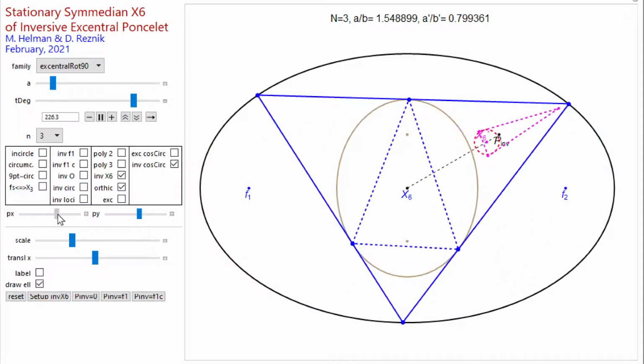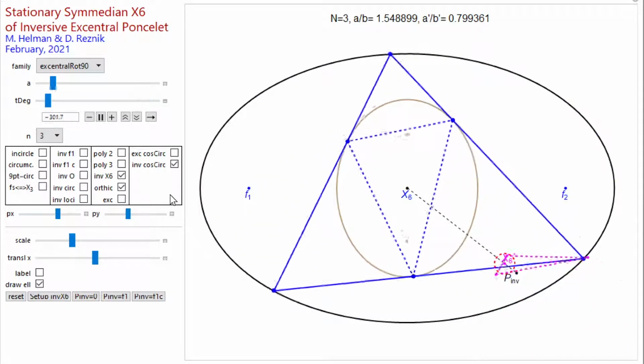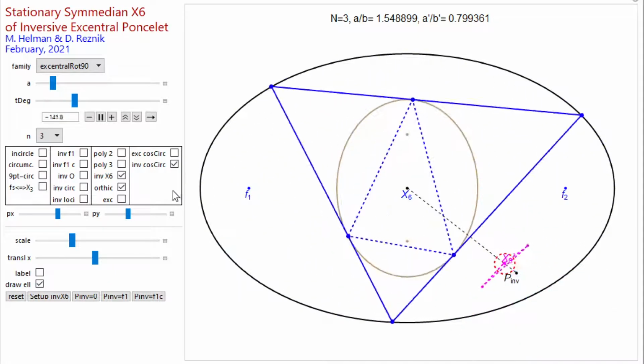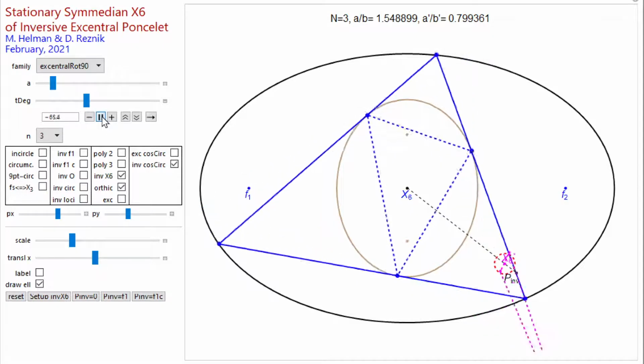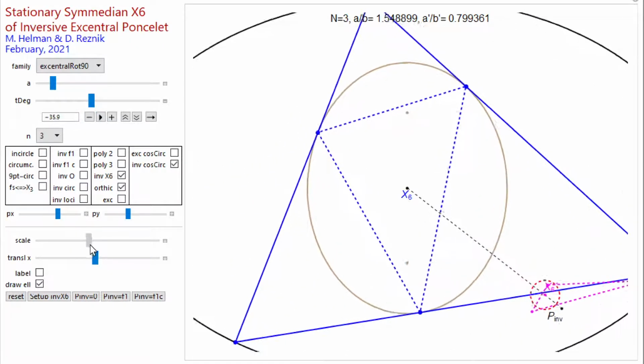As I move my inversion center around, my cosine circle moves around. So what we're saying here is actually very simple, that when you perform an inversion, such as we just described, okay, and let's take a better position of this triangle. There it is. Okay, and let's zoom in a bit.